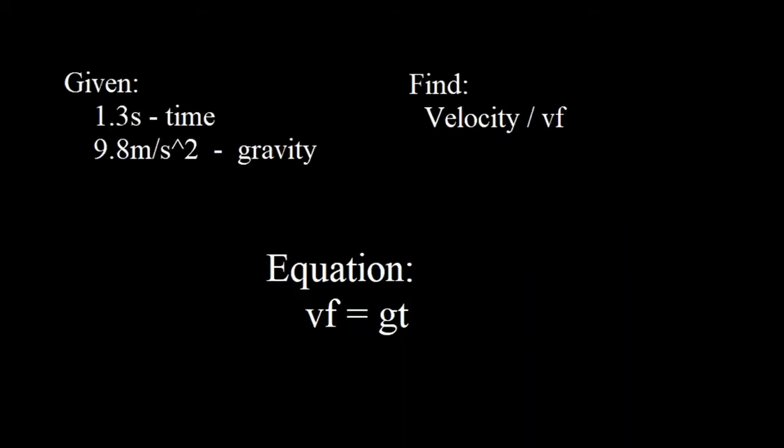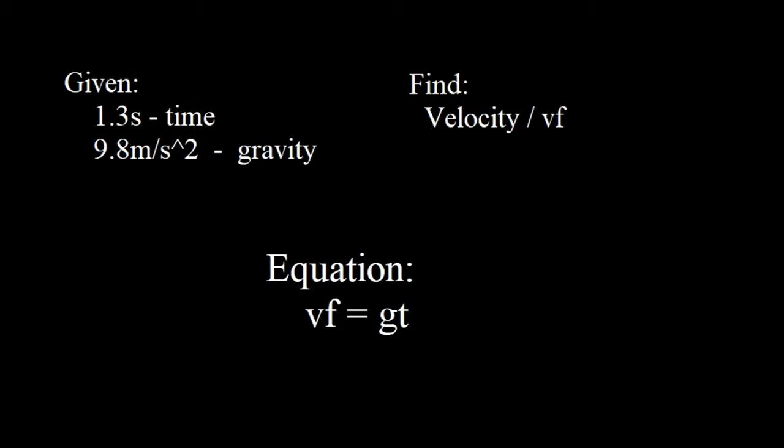The extreme tower ride at Enchanted Kingdom falls freely for 1.3 seconds after starting from rest. Find its velocity. First, let's write our given so that we can easily solve the problem. Our given is 1.3 seconds, and that is time.